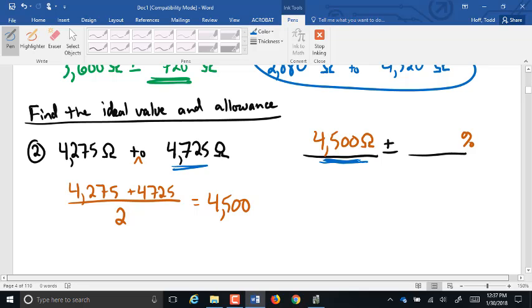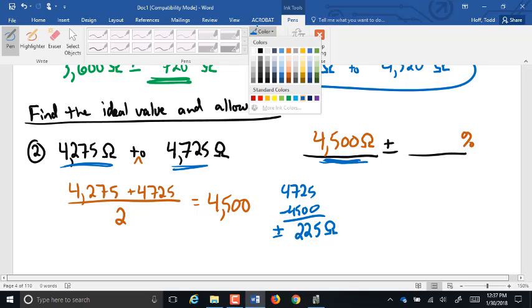It's just the difference between that ideal value and either one of the endpoints in my range. I can subtract either pair. So if I do 4,725 minus 4,500, we get 225 ohms. That's plus or minus.